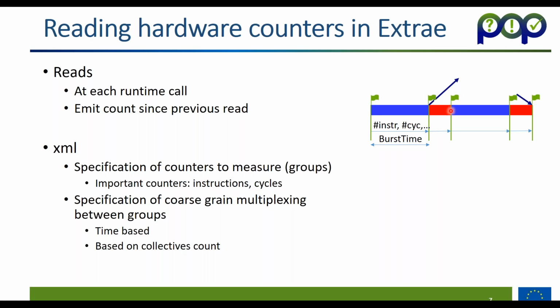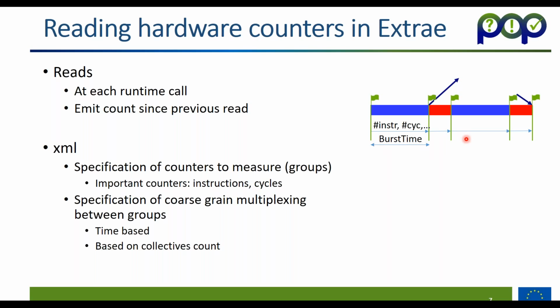We also read it at the exit. So for each of these computation phases, we have information about how many instructions it did, how many cycles it took. And because the events are time-stamped, we also have information about how long that was in terms of elapsed time.